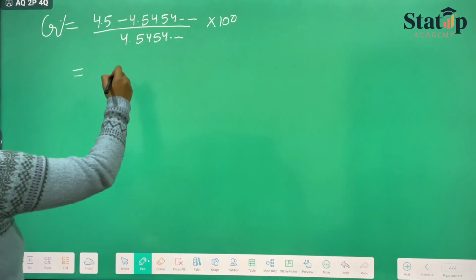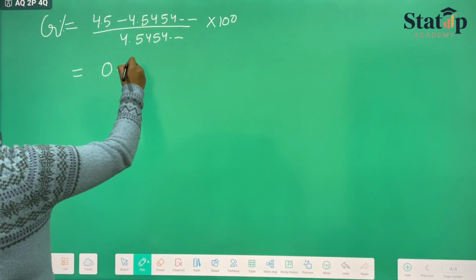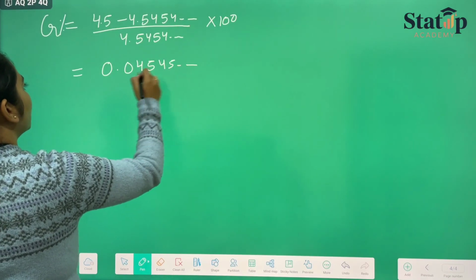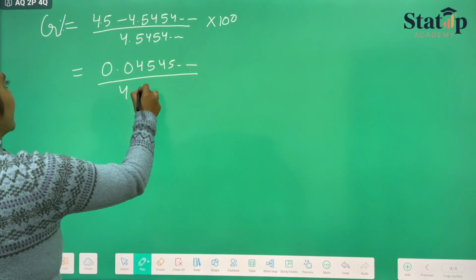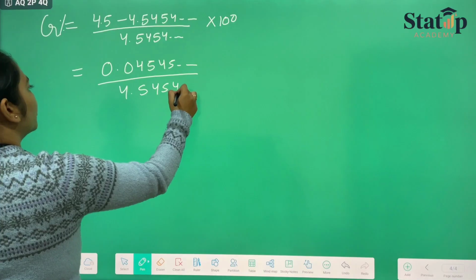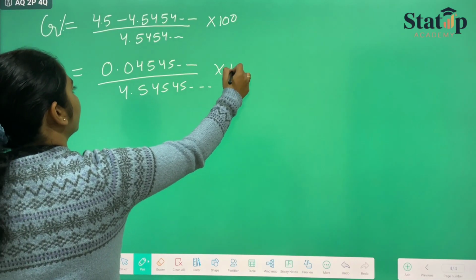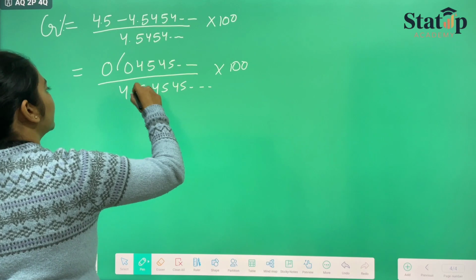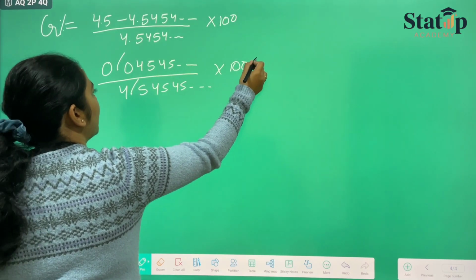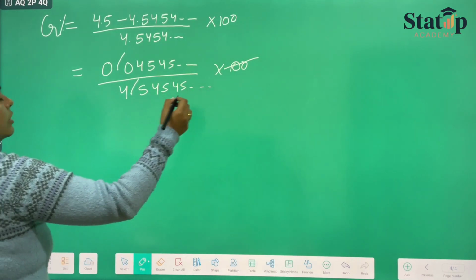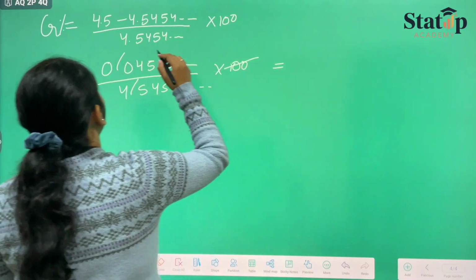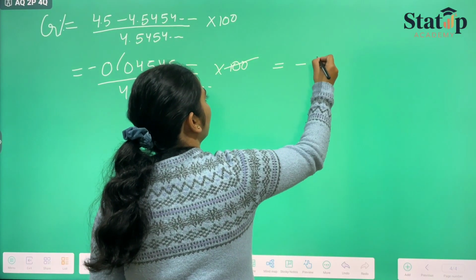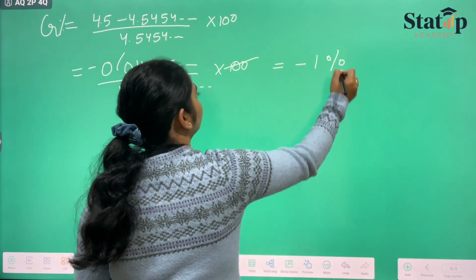So if I subtract it from here, I will get 0.045454 upon 4.54545 into 100. If I take the denominator and the numerator and cut 100 from here, it will be minus 1%.